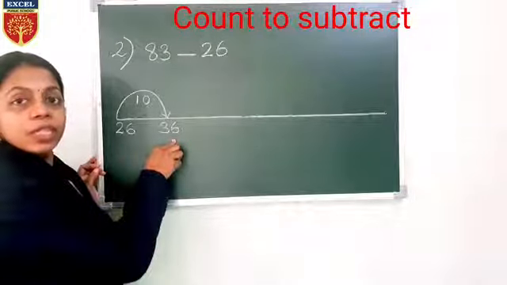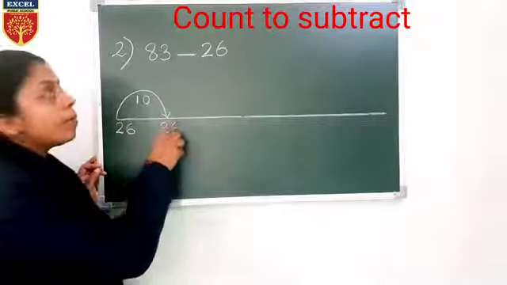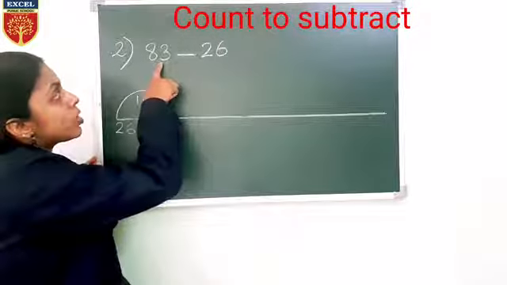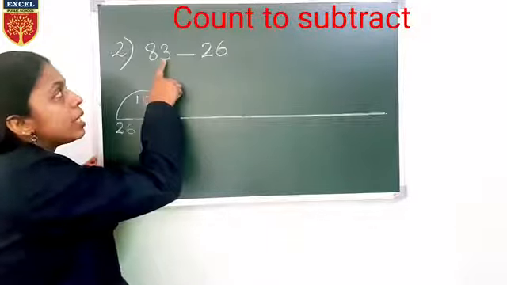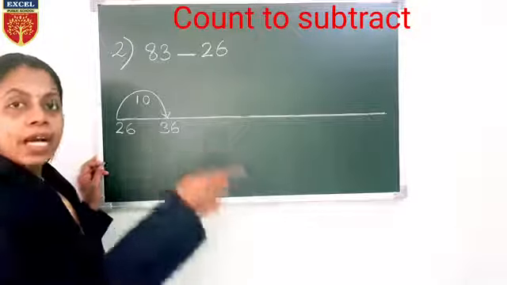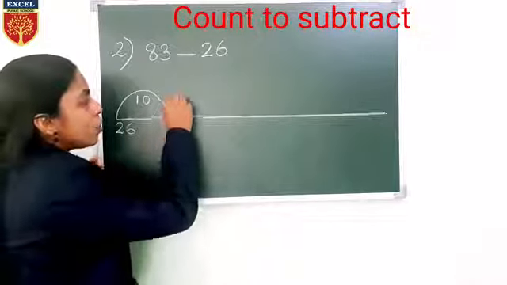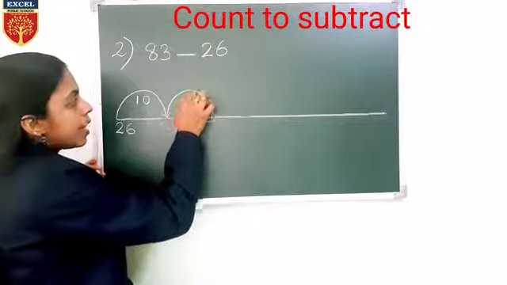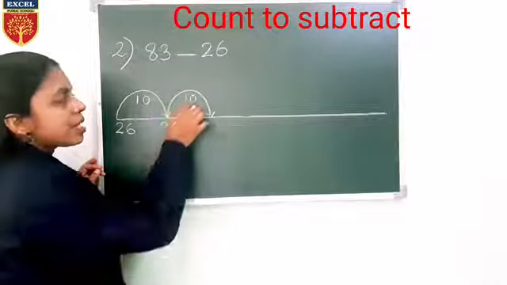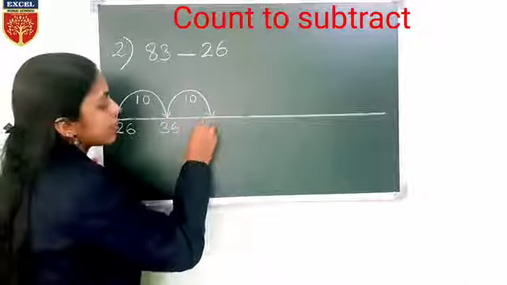We have reached on 36. But we need to reach on number 83. Till that we have to count. Again, add one more 10. Then 36 plus 10, 46.